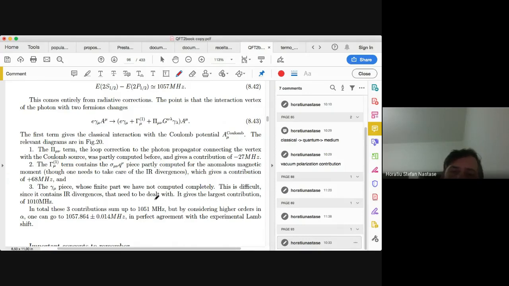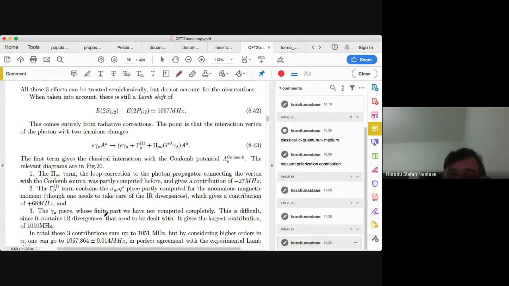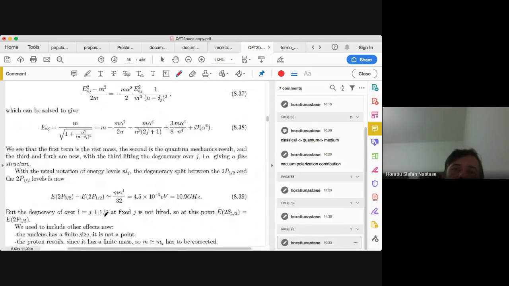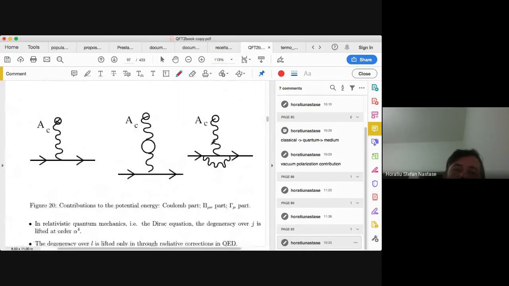And all of these contributions together give 1051 megahertz. But if you consider higher orders in alpha, you do obtain the experimental Lamb shift. So you see that these diagrams, which are loop diagrams, and which contain, at least partly, the ultraviolet divergences.